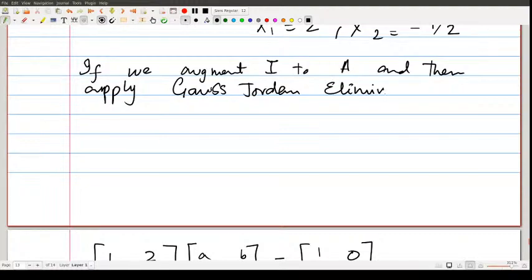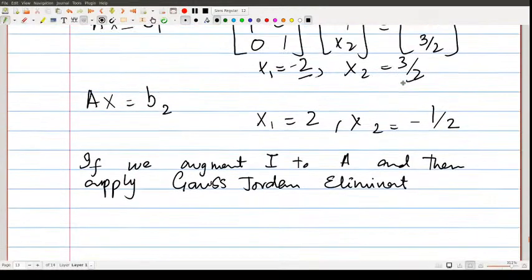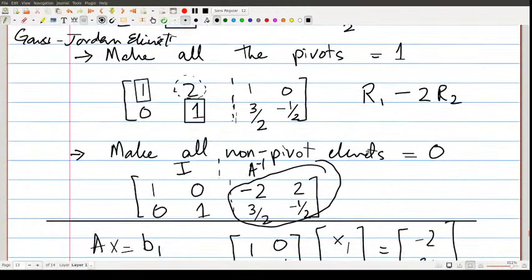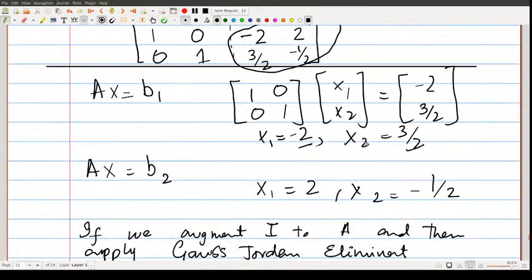elimination. So Gauss-Jordan elimination was basically you first do Gaussian elimination, you get the n pivots, and once you get the n pivots, after this is the Gauss-Jordan elimination part of it, right? So the extra steps were the Gauss-Jordan elimination, which was basically make all the pivots first equals to 1 and then make the non-pivot elements equals to 0, right?